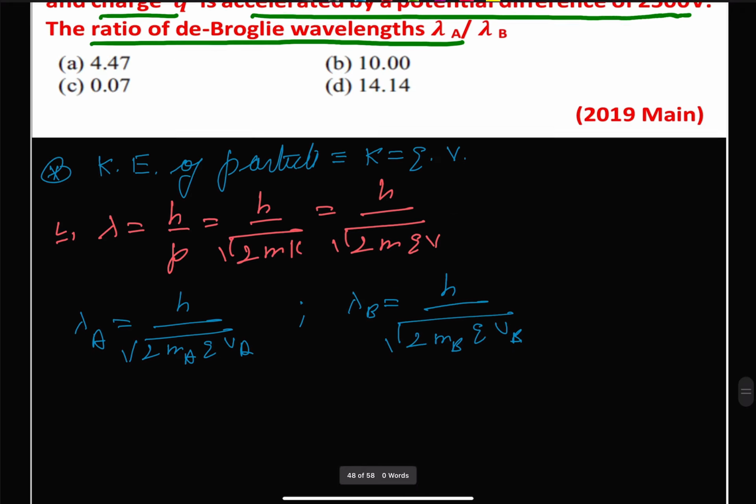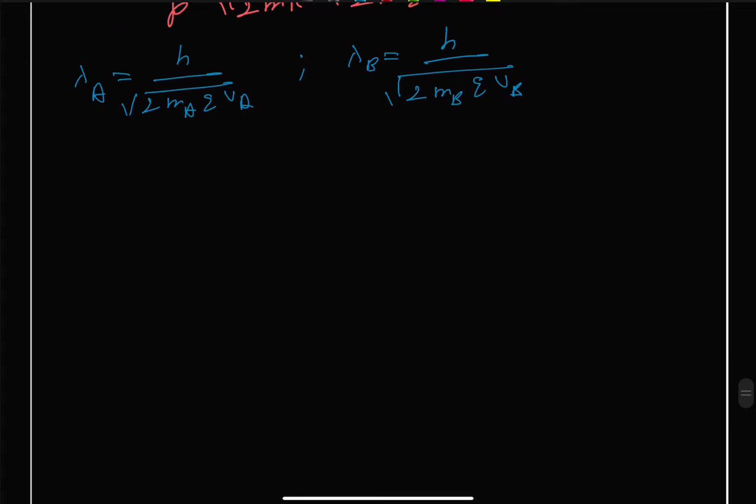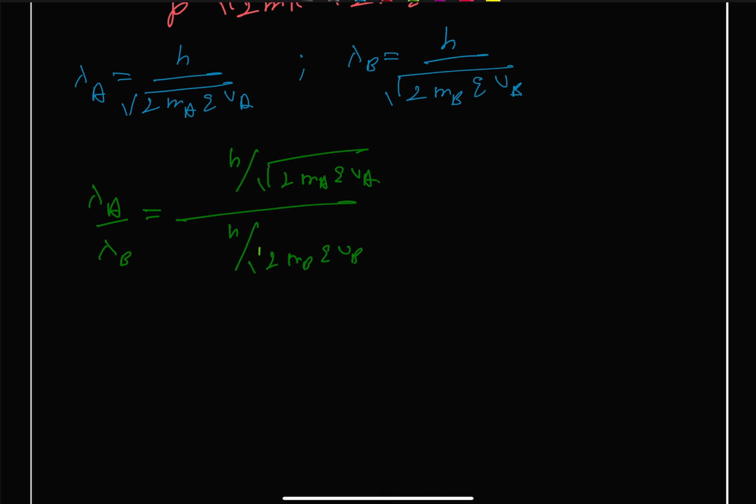And we are given lambda A upon lambda B ratio. So lambda A upon lambda B will be h upon square root of 2 ma q Va, and this is h upon square root of 2 mb q Vb.